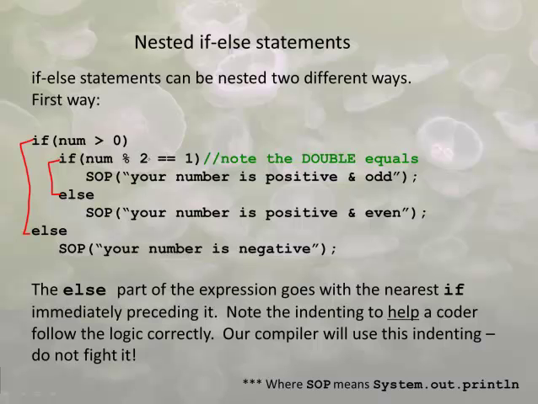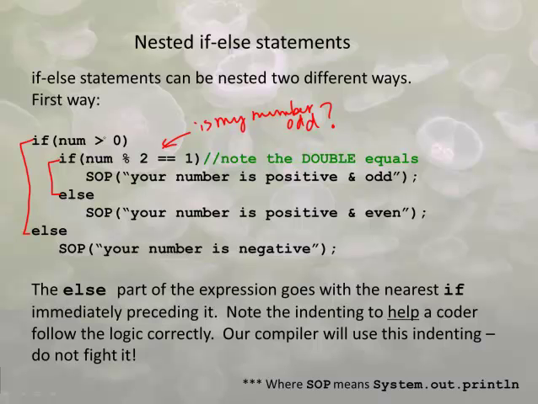Another way to think of num mod 2, and you're questioning if num mod 2 is equal to 1, you are asking right here, is my number odd? And that's a fantastic way to use modulo, especially mod 2.